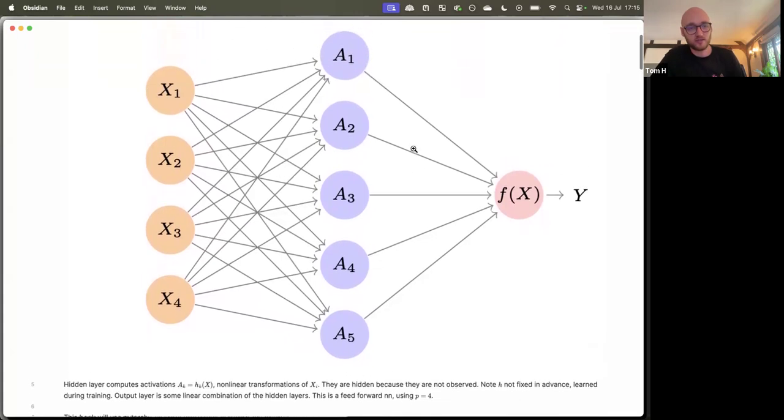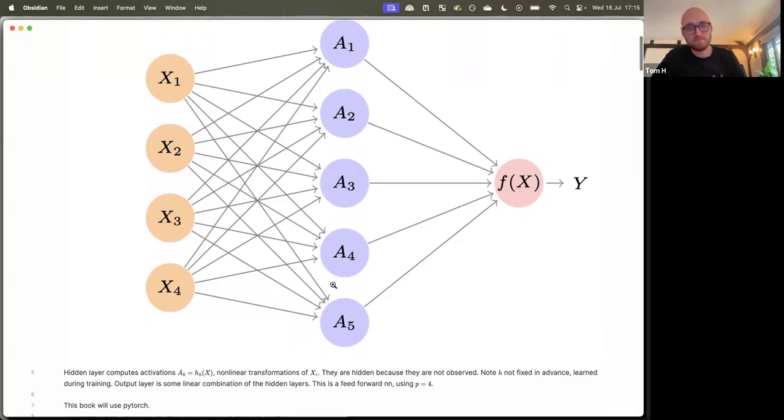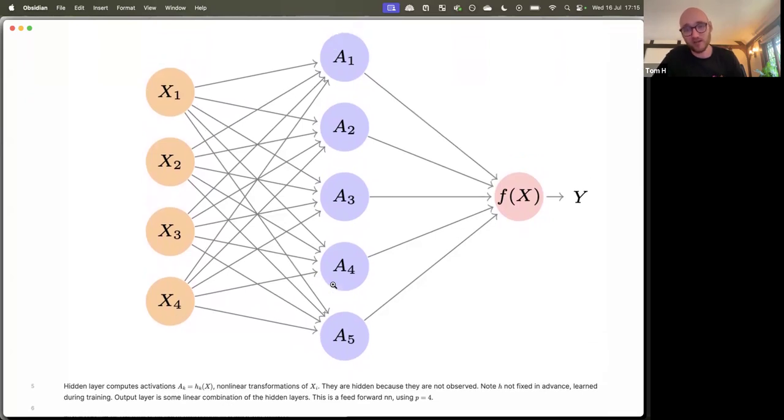What the hidden layer does is compute what they call activations, which are a nonlinear transformation of the input data. These are called hidden layers because you don't directly observe them. You only know the X going in, the data going in, and your output Y or f of X in this case. The output is just a linear combination of these hidden activations.